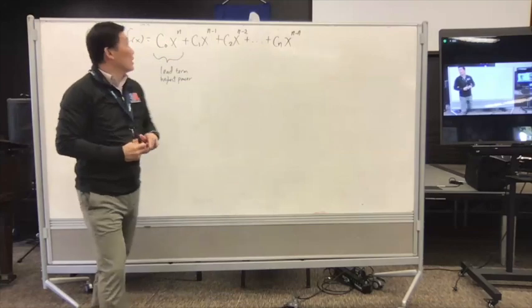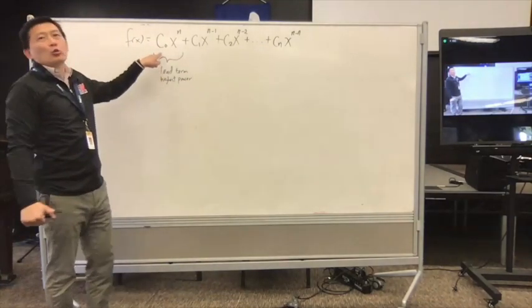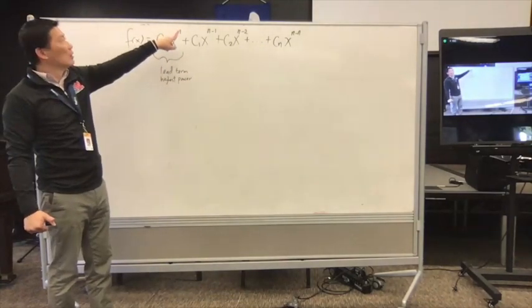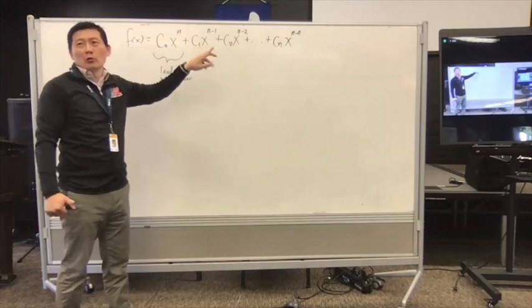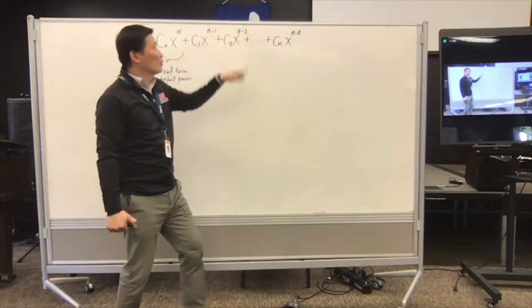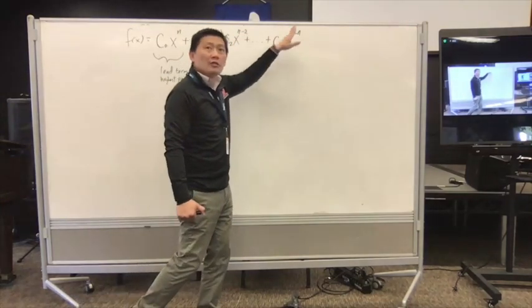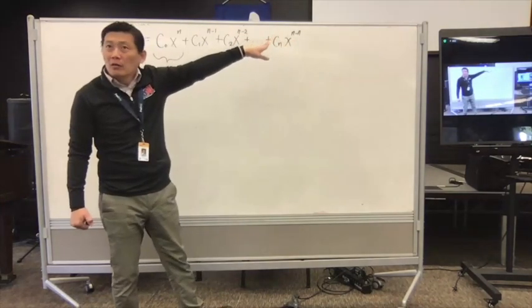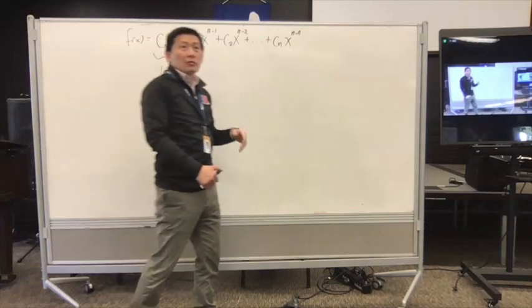So if you have, say, f of x equal to 2x to the 4th power, then the next terms would be x to the 3rd power, x to the 2nd power, x to the 1st power, x to the 0 power. What's x to the 0 power? Just 1, right?